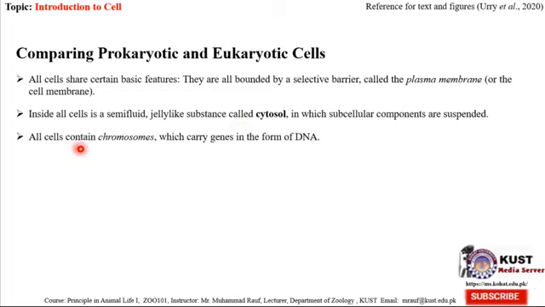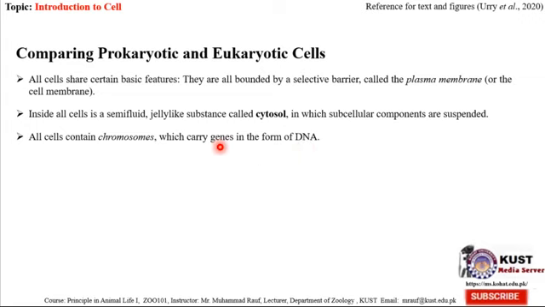All cells contain chromosomes which carry genes in the form of DNA. DNA is the hereditary material. It controls all the activities of life of an organism, and genes are the functional units of DNA.